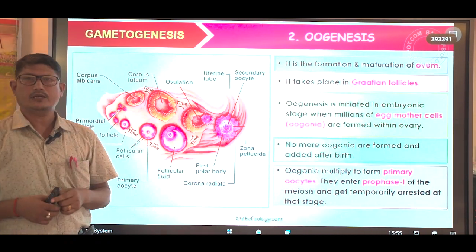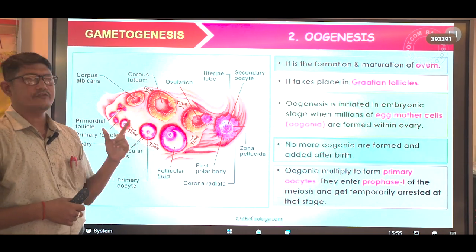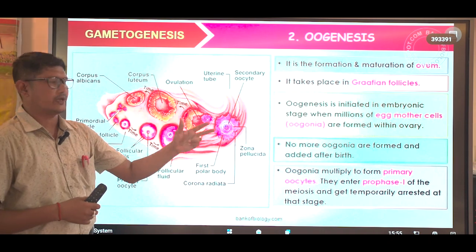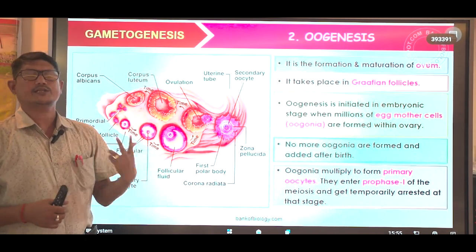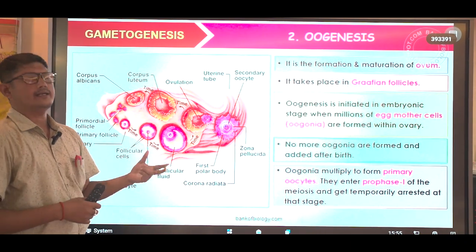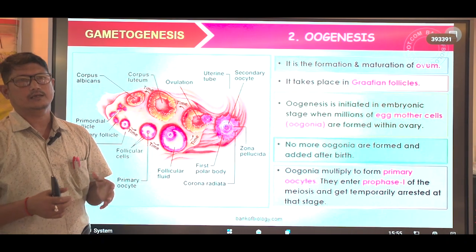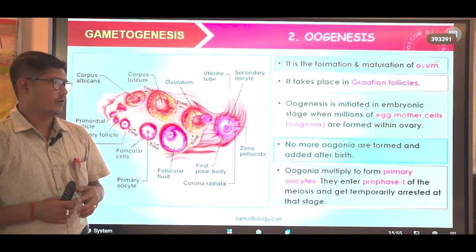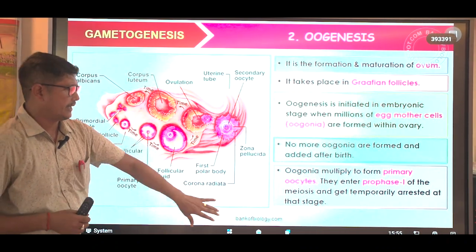The primary follicle undergoes certain stages of development and finally forms a matured follicle, also called the Graafian follicle, in which the ovum develops and reaches full maturity until it is ruptured from the ovarian wall during the time of ovulation. It is a very important process in the female reproductive system.